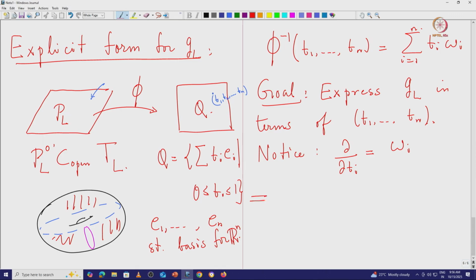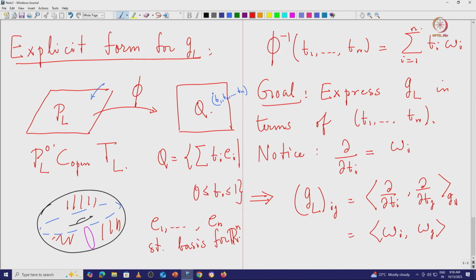Which means that if you take GL and take the ijth component, which is of course del Ti by del Tj, then that's just going to be omega i dot omega j, where now you are using the Euclidean metric. Why? Because by definition GL is basically just the Euclidean metric on this fundamental parallelogram. That is why here we are just using the Euclidean metric.